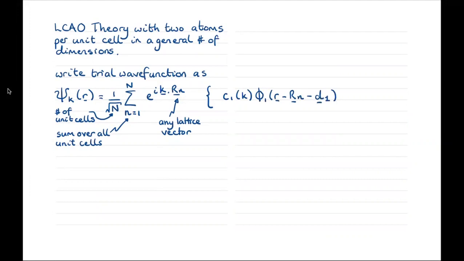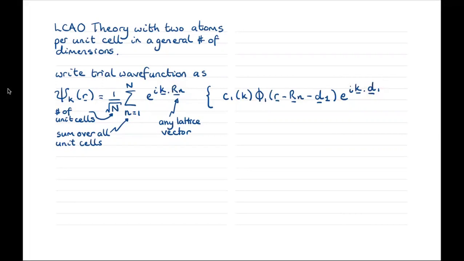Since atom 1 is not at the origin of its unit cell, we have to account for that in the Bloch function by putting in an additional phase factor, e to the ik dot d1, because the position of atom 1 is R sub n plus d1.